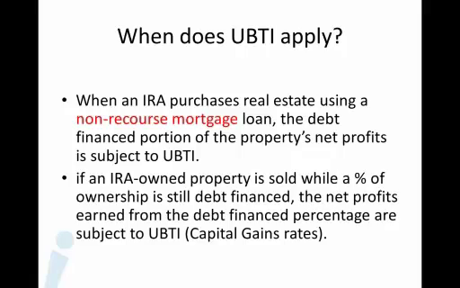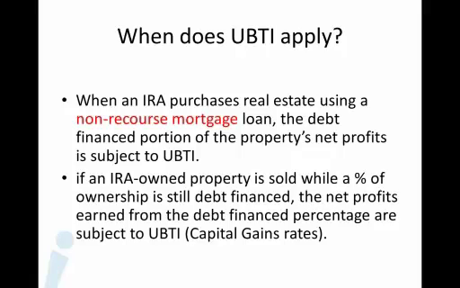So if we had a situation where, let's say we had a $10,000 profit after expenses, no losses to use, so we just have this profit of $10,000 on our rental, 75% of that would be taxable. So we'd have a tax on $7,500 for the UBTI.